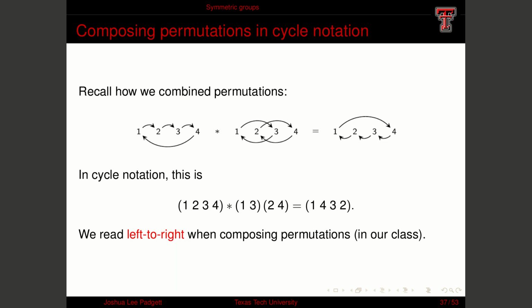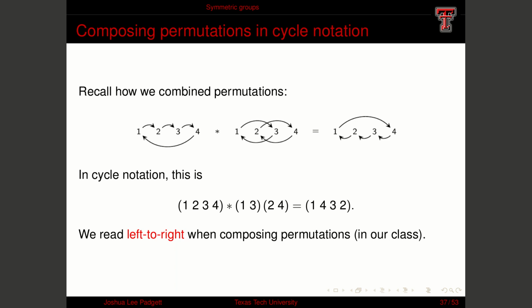I'm sorry guys, I may have made a typo on this slide. So this sends 1 to 2, this sends 2 to 4, so 1 goes to 4. 2 goes to 3, 3 goes to 1, so this has 2 going to 1. There we go. This sends 3 to 4, and this sends 4 to 2, so this has 3 going to 2.